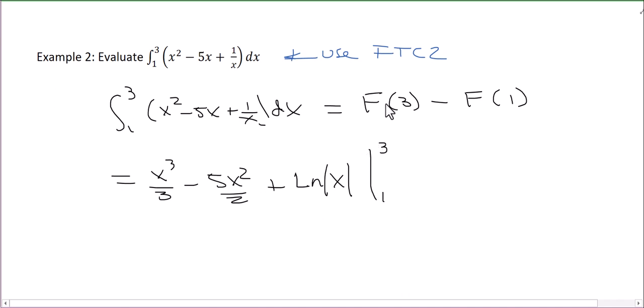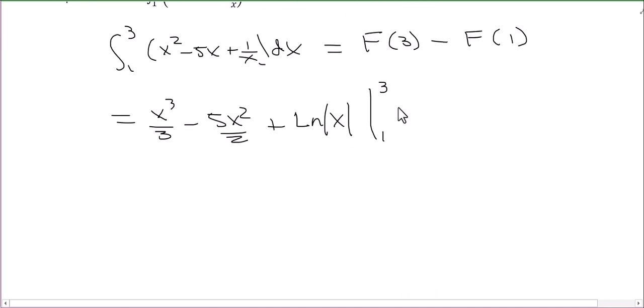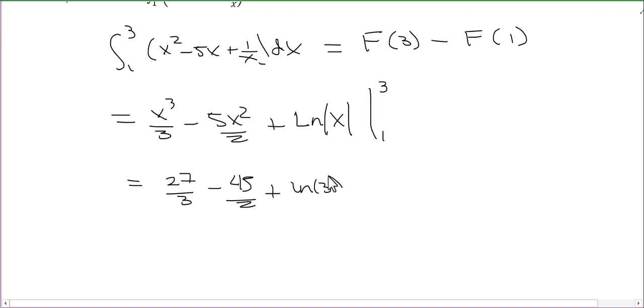Plugging in the top limit first so that we get f of 3. So then this becomes 3 cubed, which is 27 over 3 minus 5 times 3 squared, so 5 times 9, so 45 over 2, plus natural log of absolute value of positive 3 is 3, and then minus, and here don't forget your parentheses because you have 3 terms, so plug in the 1, so 1/3 minus 5/2 plus natural log of 1, which is 0.